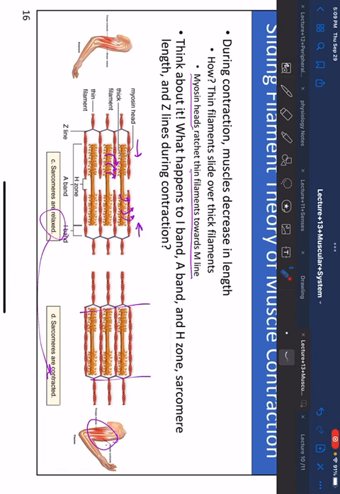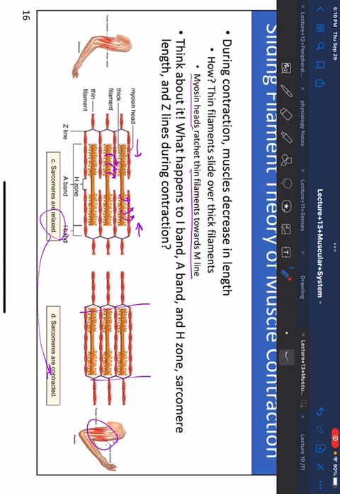What happens to the length of the sarcomere during contraction? Does it increase, decrease, or stay the same length? Relaxed versus contracted. What happens to the sarcomere length? It decreases or shrinks. And then you can see the Z lines. The Z lines, they come closer together during muscle contraction.